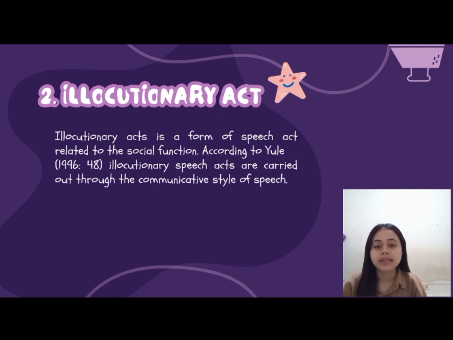Thus, it can be concluded that illocutionary acts are one form of speech act where when delivering a sentence or in speaking there is a certain intention and purpose in the communication carried out, where the speaker or speech partner is expected to be able to do something conveyed by the speaker.